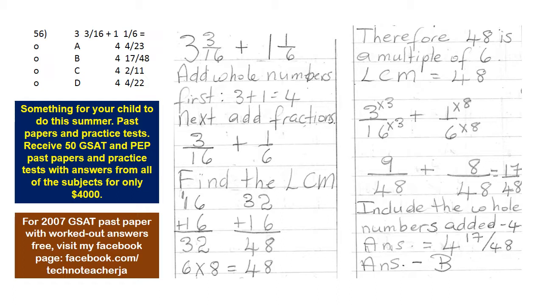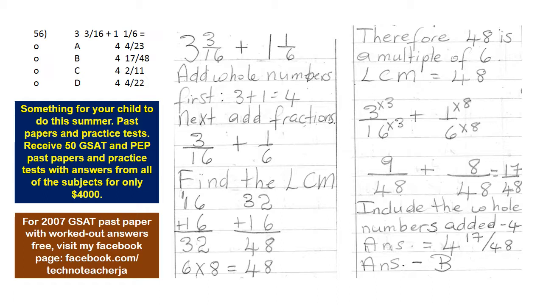Add the whole numbers first. 3 plus 1 is equal to 4. Next, add fractions. 3 over 16 plus 1 over 6. Find the LCM. 16 plus 16 is equal to 32. 6 cannot go into 32 without leaving a remainder, so 32 is not the LCM.